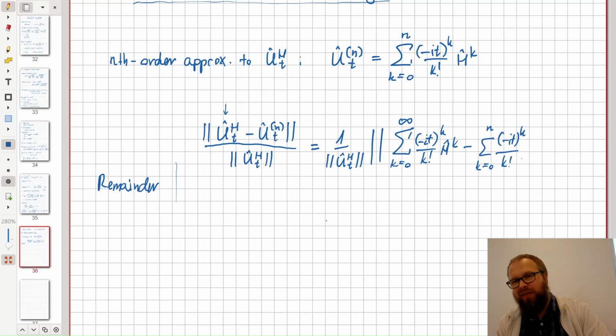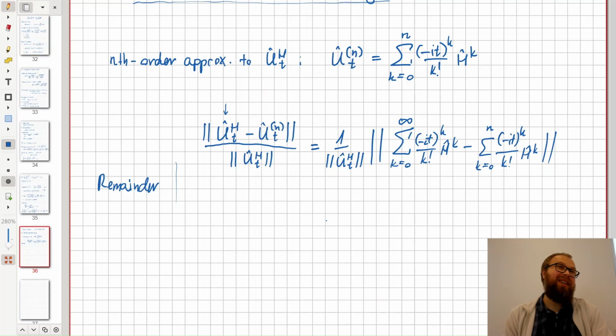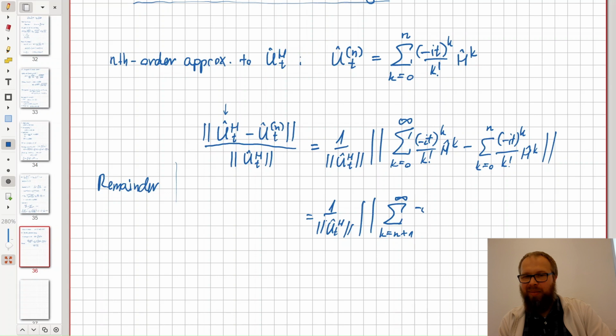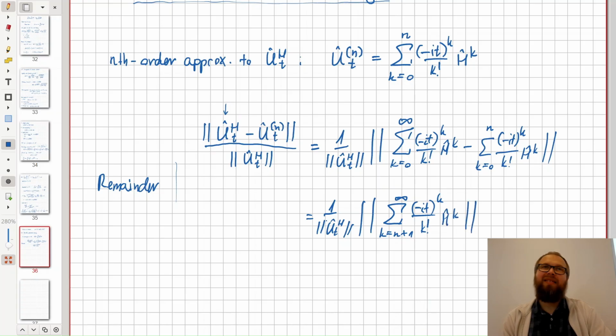Everything converges nicely, so there is no penalty for manipulating the series and partial sums. So we get the norm of the sum from k equals n plus 1 to infinity of (-it)^k over k factorial H^k. Okay, that's something at least.